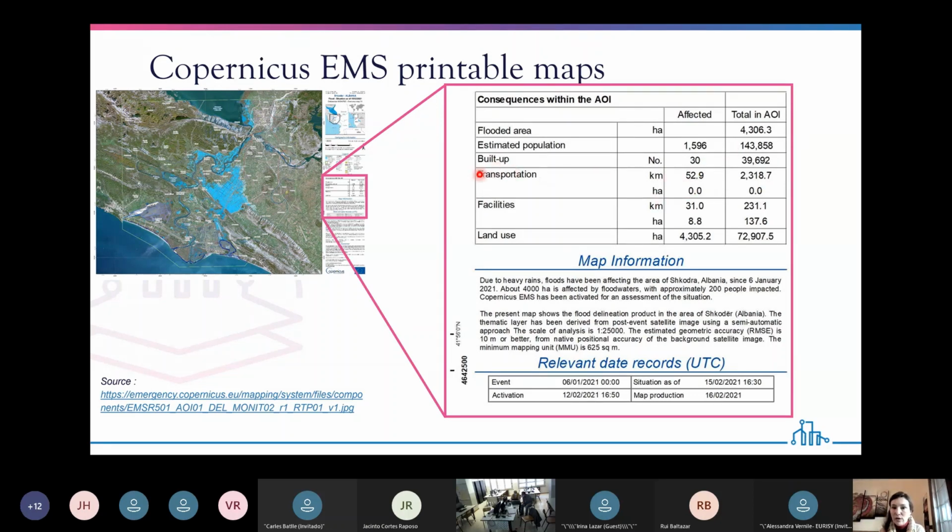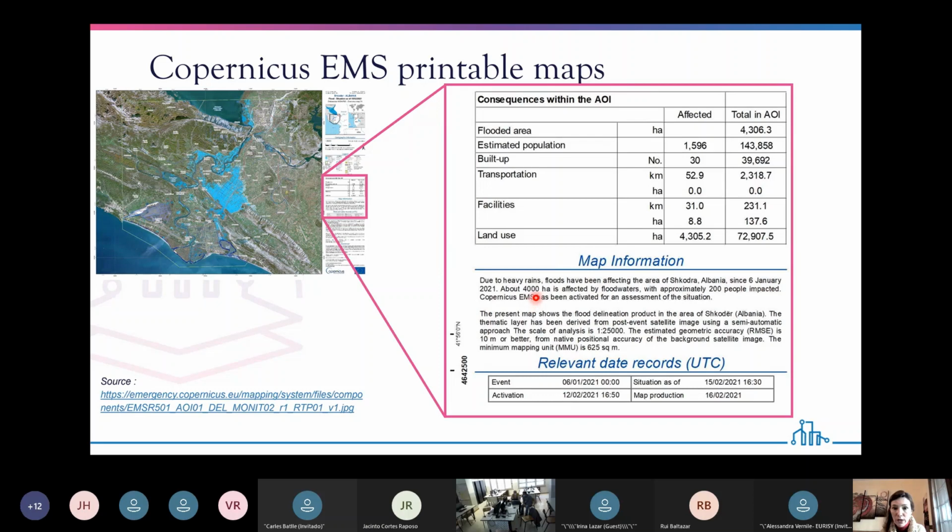Other details about the transportation network which was affected and the other facilities which were affected. Here you see some details about the event. So when the event occurred, it occurred very much before the image acquisition.